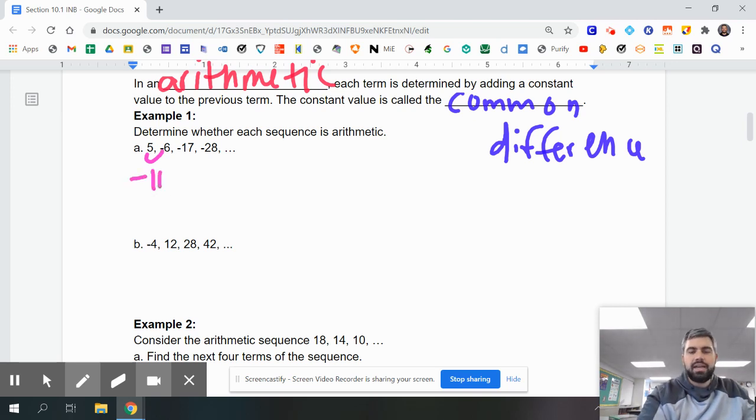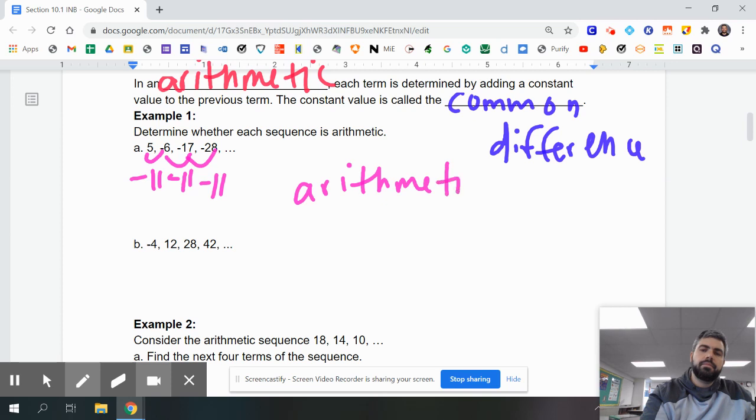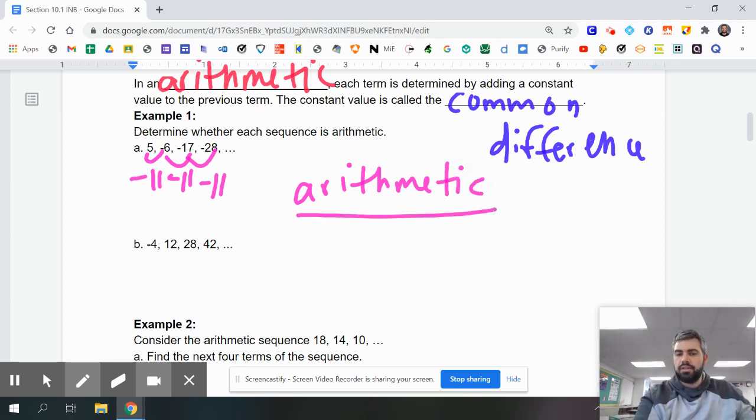And you see it goes down by 11. Let's go to the next one. From negative 6 to negative 17, that also goes down by 11, or adding negative 11. And same thing from negative 17 to negative 28. So I have a common difference every single time of negative 11. So this is arithmetic, because I'm adding negative 11 every single time.